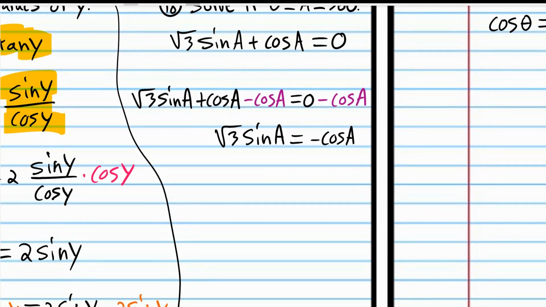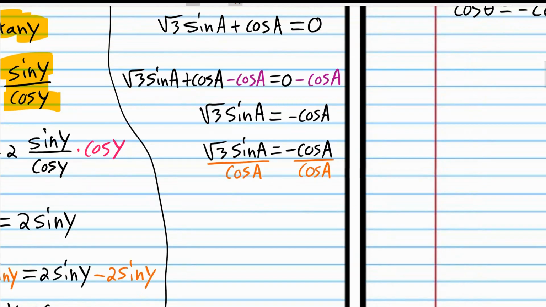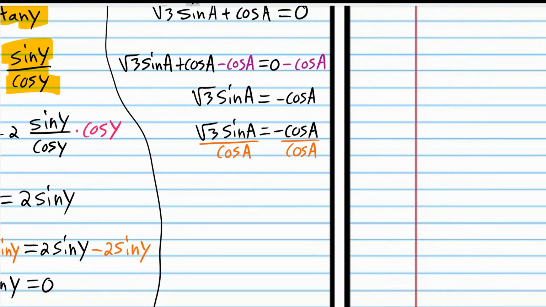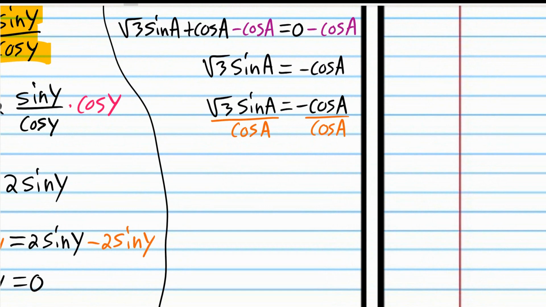And I'm then going to divide both sides of the equation by cosine A. Again, these are tricks that you have to know in order to solve these problems. So this is going to be equal to -1. At this point, you can see we have a ratio identity.